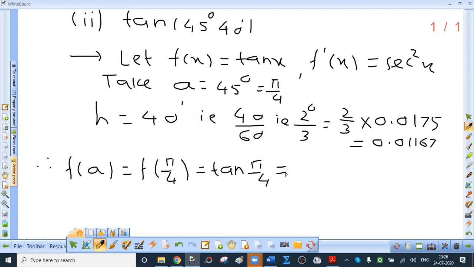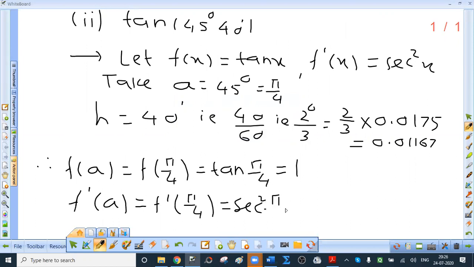Now, if you take 1 minute just to write the value of 1, then you don't deserve to score good marks in exam. What is f dash of a? It is f dash of pi by 4, that is sec square pi by 4. What is cos pi by 4? It is 1 by root 2. So sec pi by 4 is root 2, square, which is nothing but 2.